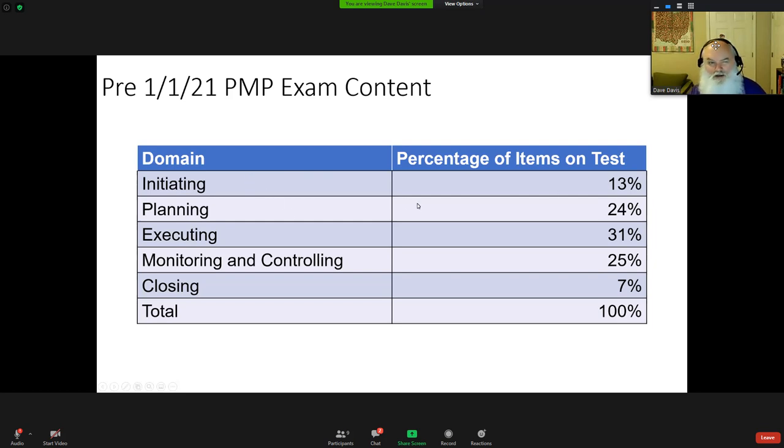And this was the breakout of the different percentages for the exam before the exam changed this year. And by the way, that exam went through a couple different start-stops and a fairly significant pilot program. Full disclosure, my daughter was actually involved in the PMP pilot exam that she took last year, and I had some interesting conversations with her on it.